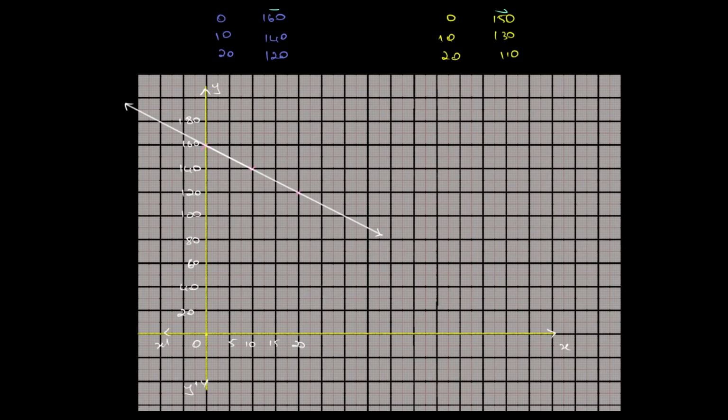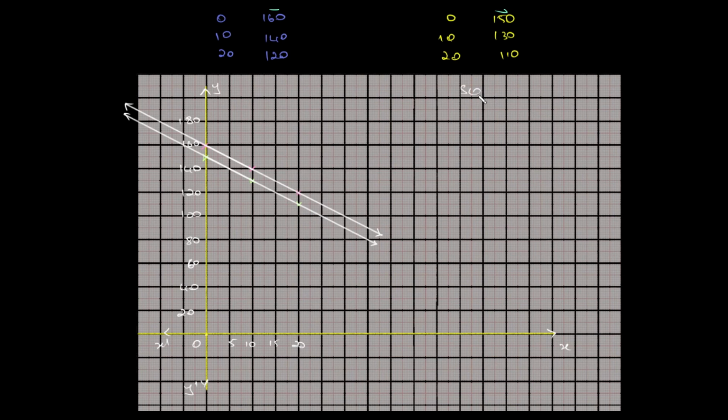The next values are 0 and 150, 10 and 130, 20 and 110. And we have the graph. So we're looking at two parallel lines. And if someone asks you what is the number of solutions over here, it's 0, right?